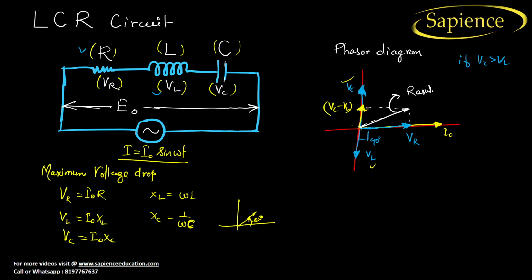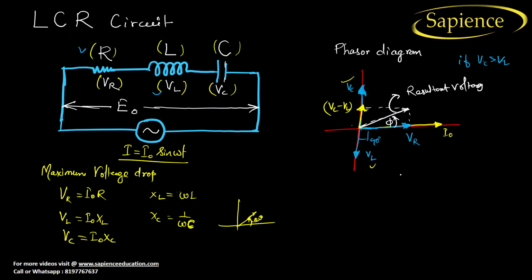This is the resultant voltage, that is E, and it is making an angle of phi with the reference.